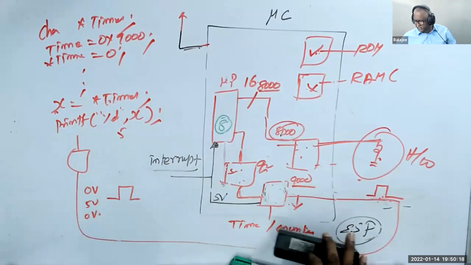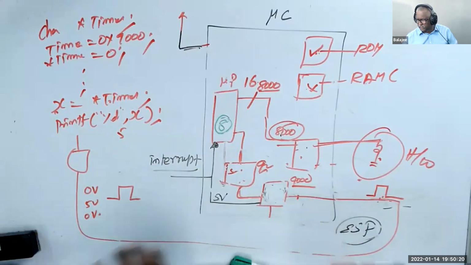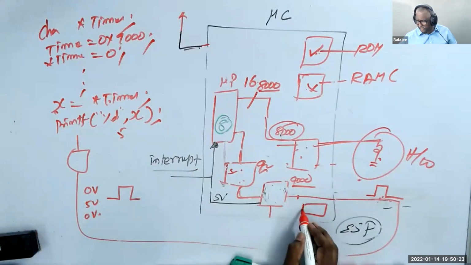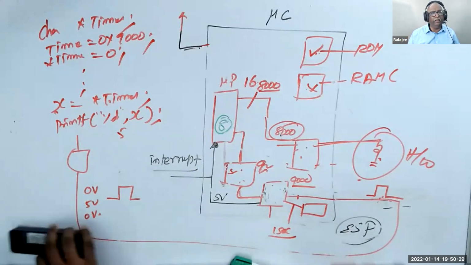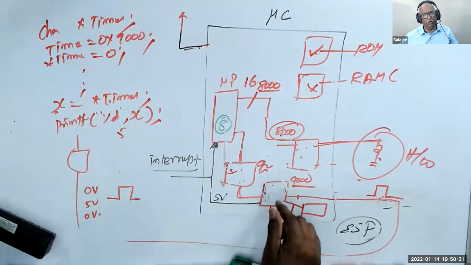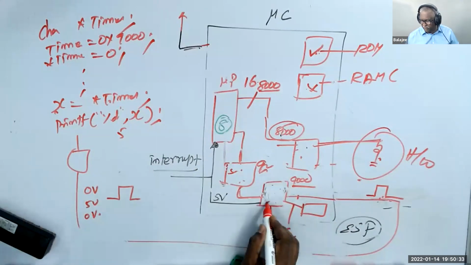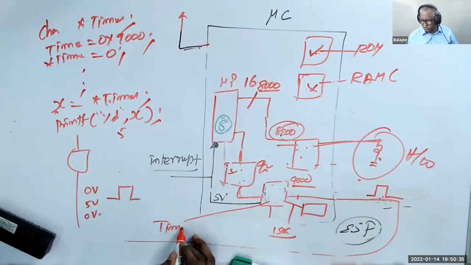That means there is a small clock generator here. That guy generates a clock for every 1 second, for example. And if this guy is decrementing the count every 1 second, then that is called a timer.